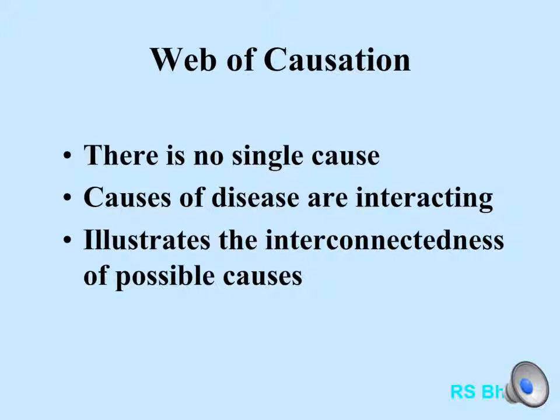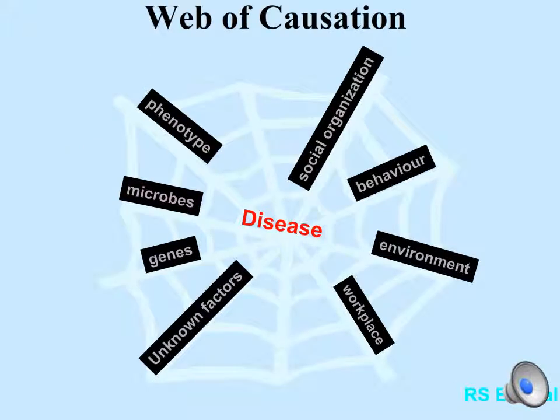The causes of disease are interacting, and the web of causation illustrates the interconnectedness of possible causes, so that the simple relationship between exposure and disease is in practice not very helpful, because every disease is caused by a web of causation, such as the social organization, individual behavior, the environment, the workplace, genetics, the particular microbes or organisms that are involved in infectious disease epidemiology, the phenotype of the individual, and also many unknown factors.